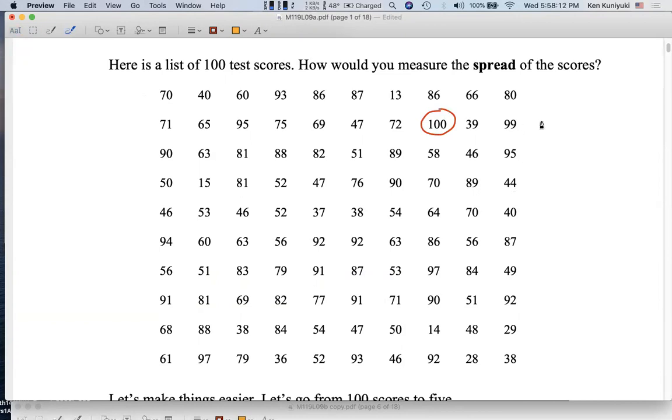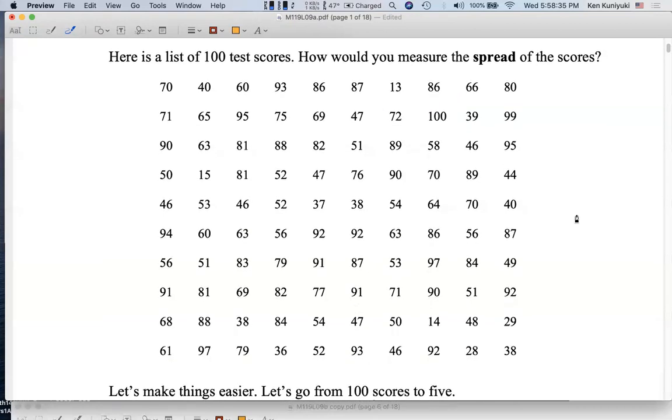I hope it's out of 100 points, not 1,000 points. And then look for the lowest score, the min score, the 13 over here, 13 points, and then take their difference. 100 minus 13 is 87 points. That's called the range, perhaps the simplest measure. But think about some potential drawbacks to that measure.